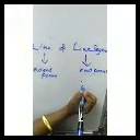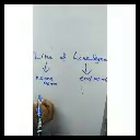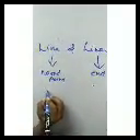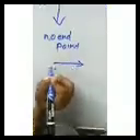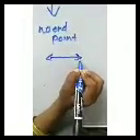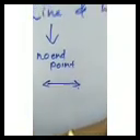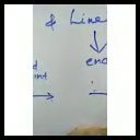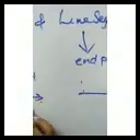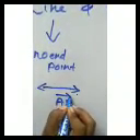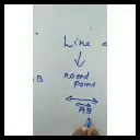A line has arrows. A line segment has no arrows. This is line AB and this one is line segment AB.